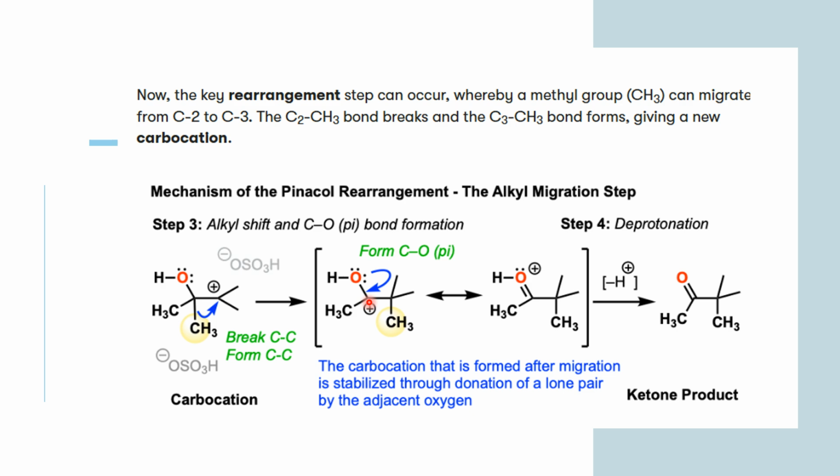This is why at first this carbon carbon bond breaks and this carbon carbon bond forms to give us a newer, more stable carbocation in its place. Now the oxygen of the second hydroxy group is going to donate its electron lone pairs towards the newly formed carbocation to give us the second oxonium intermediate.